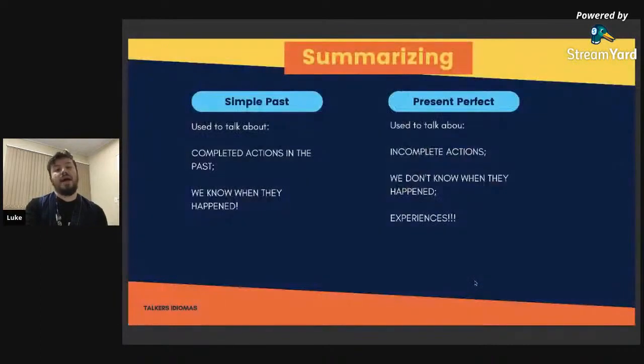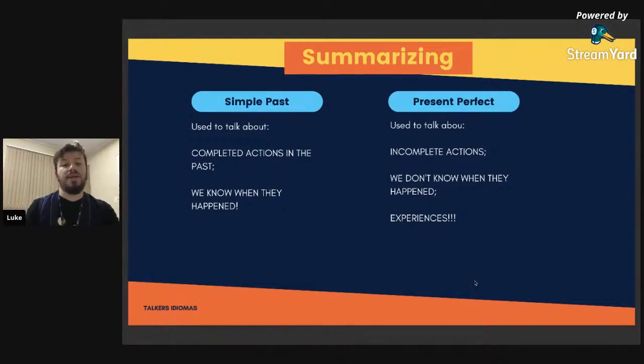Great. Now, summarizing. Let's take a look here because now we have the two verb tenses synthesized. Simple past, we use to talk about completed actions in the past, and we know when they happened. The present perfect, we use to talk about incomplete actions.